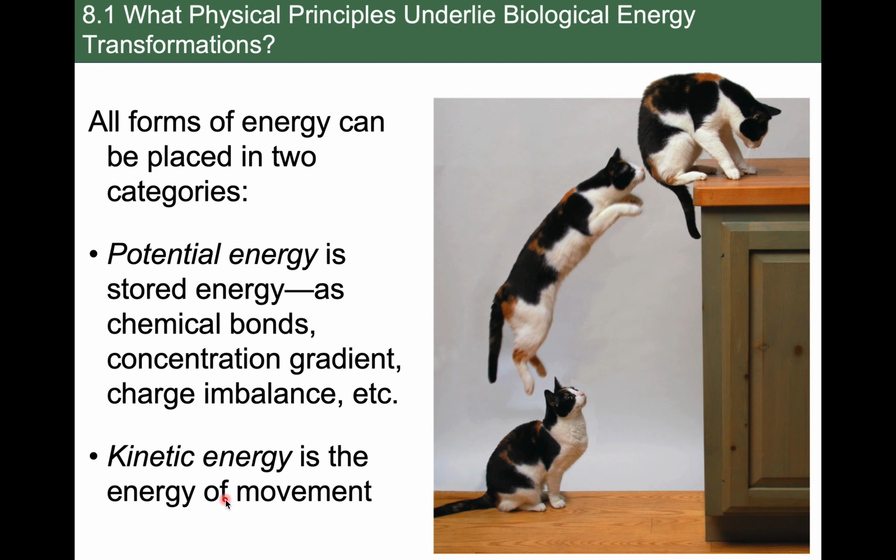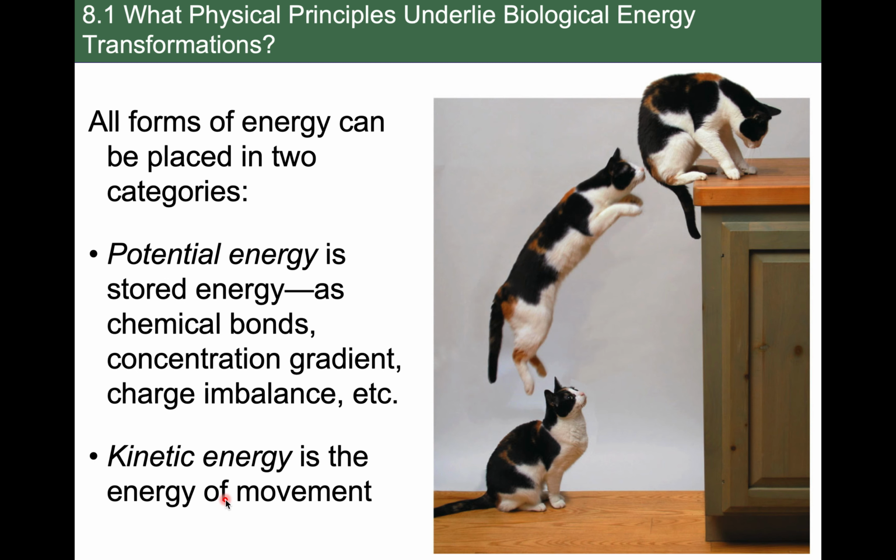So it could be something moving within a cell, or actual movement of an organism. So we see in this picture here this cat jumping up onto the counter, right? That's an example of kinetic energy. But of course that cat ate its cat food or whatever it was fed.